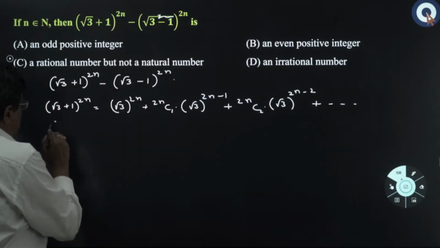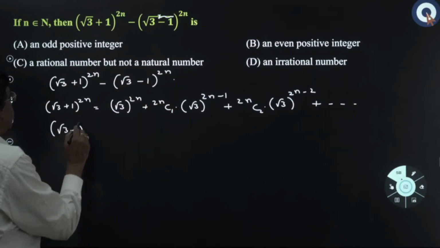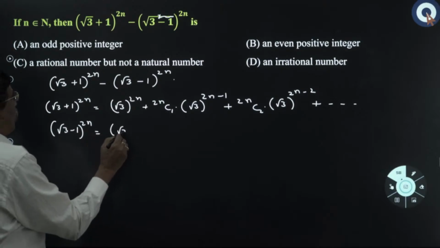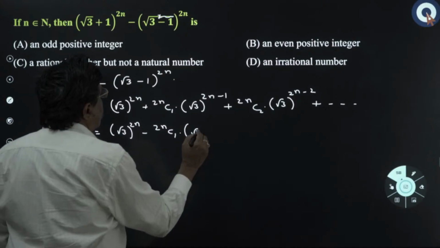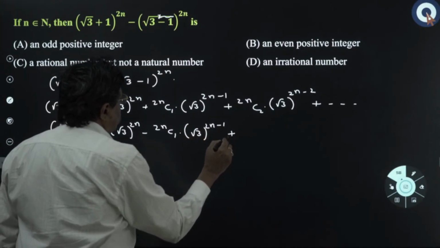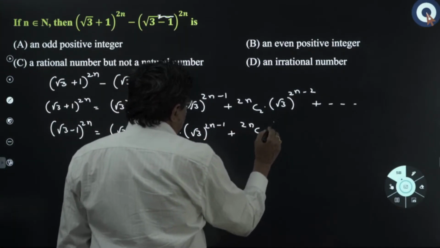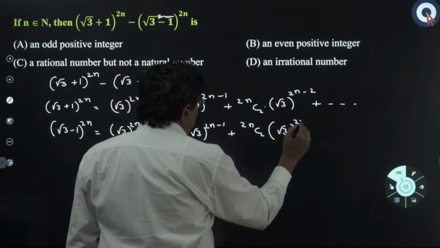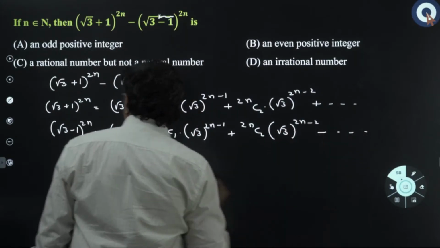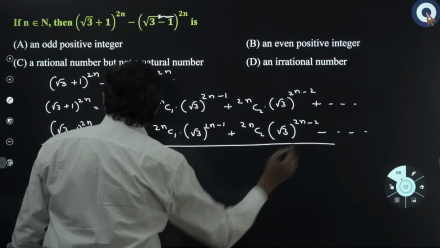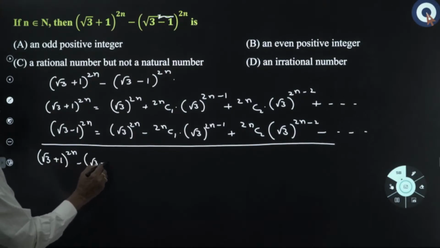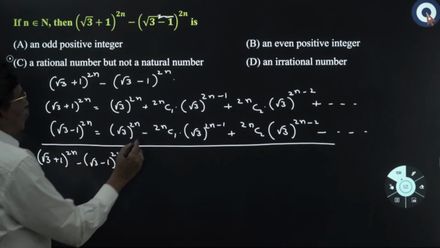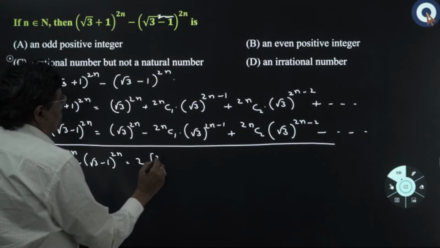Expansion of (root 3 minus 1) to the power of 2n is (root 3) to the power of 2n minus 2nC1 into (root 3) to the power of 2n minus 1 plus 2nC2 (root 3) to the power of 2n minus 2 and so on. If I subtract, we get (root 3 plus 1) to the power of 2n minus (root 3 minus 1) to the power of 2n equal to this much.